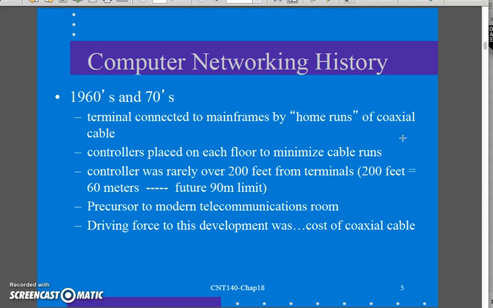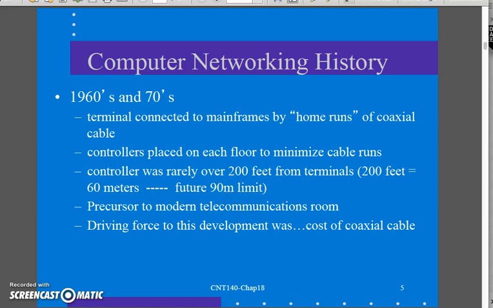In the 1960s and 70s, we had terminals connected to mainframes using coax cable. Controllers were placed on each floor. Controllers were relatively close. That's kind of the beginning of having the wiring closets. This is basically the beginning of telecommunications rooms or telecommunications closets that we have.